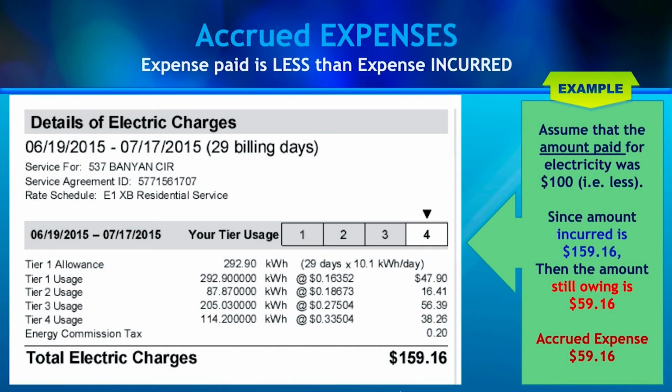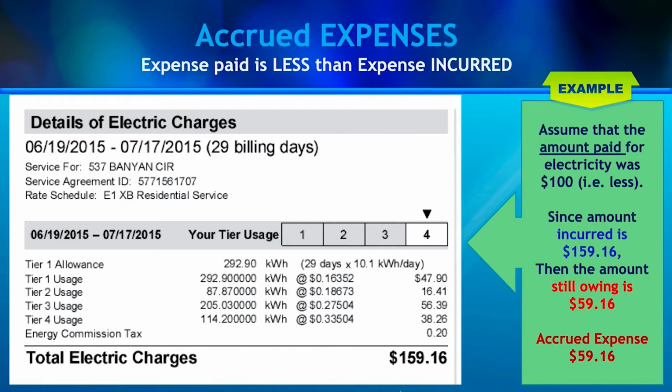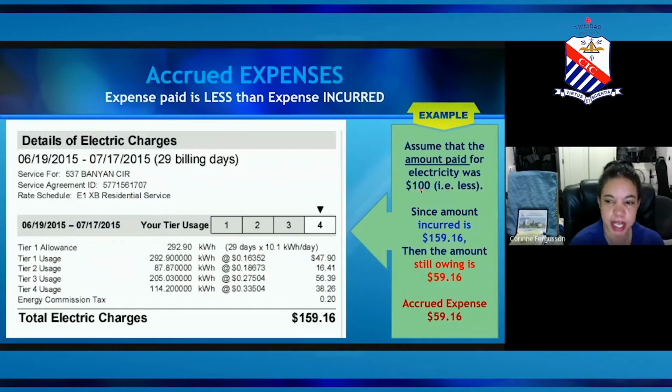So looking at our example, you will see once again, the amount incurred was $159.16. Let us assume that we paid $100. If we paid $100 in cash, $100 is less than the $159.16.